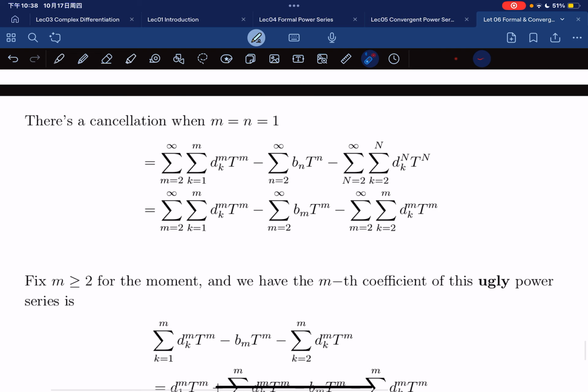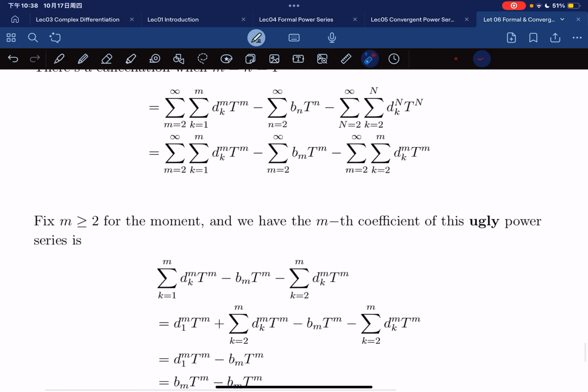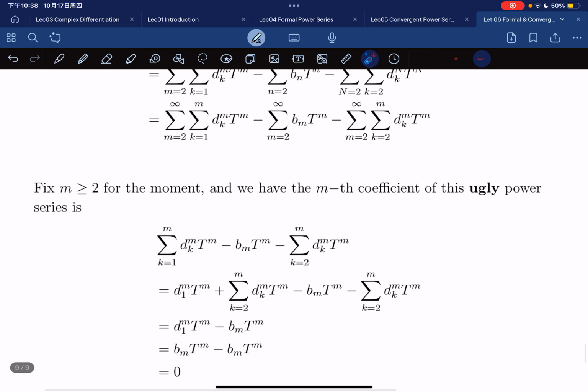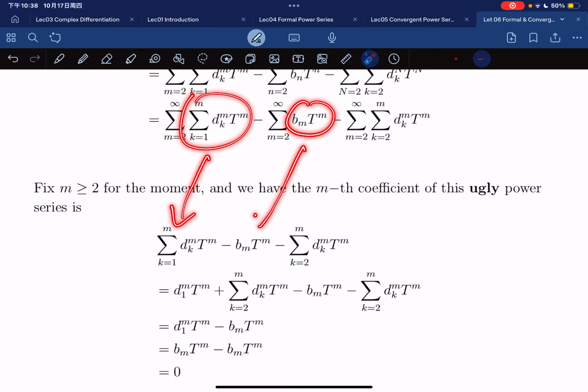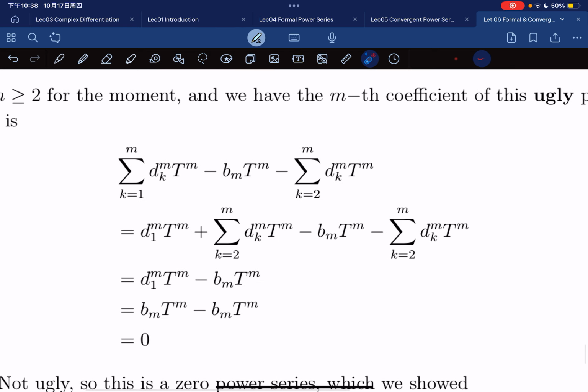Now, because this is a formal one, we can just fix m and we discuss each of those, right? And we have the mth coefficient is this ugly power series. This is the mth coefficient, right? This one, and this one.